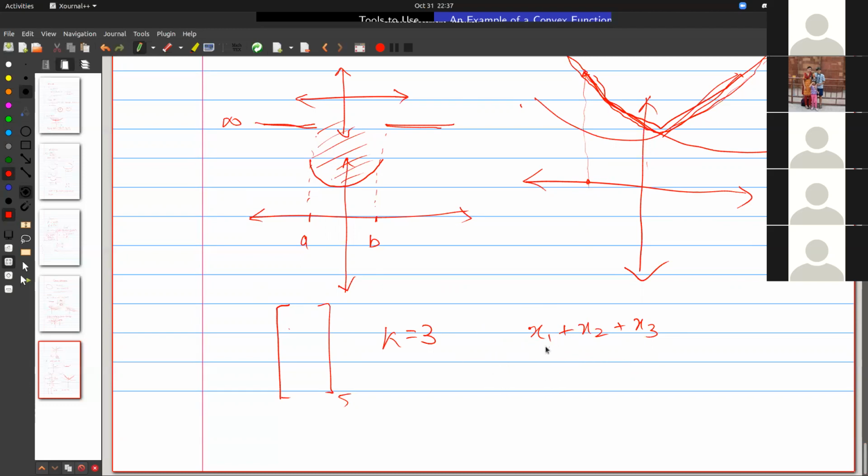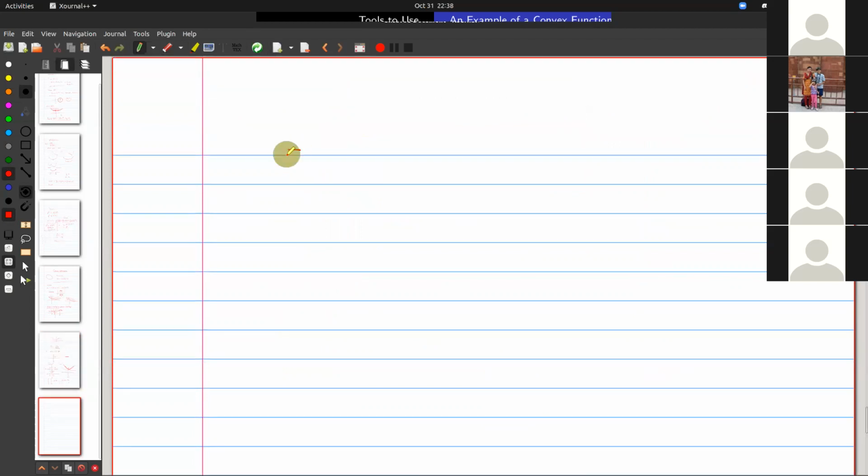Notice that we can write this as our original vector, say x, multiplied by v, that is x transpose v. Now what is v? V is basically a vector which contains 1 at only 3 places out of 5.